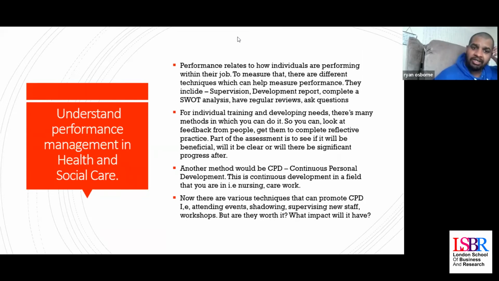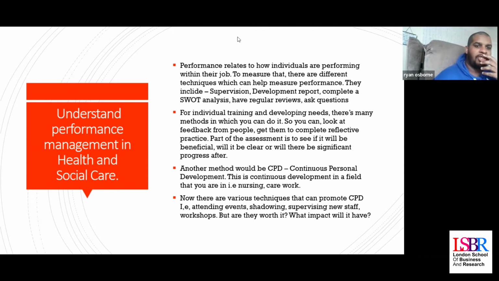Now, the next thing you can use to measure someone's performance is by asking questions. For some people, being asked a question on a shift just throws you off balance. So if you are talking to a patient, talking to a client, and your supervisor asks you a question, nine times out of 10, if you trained well and you know your job well, you can answer it on the spot.